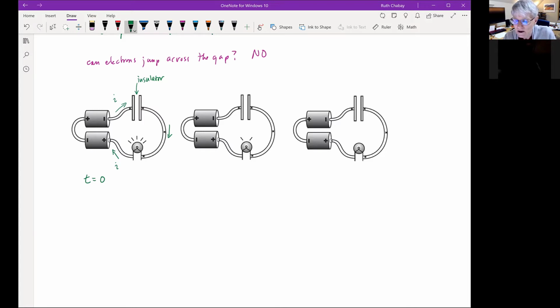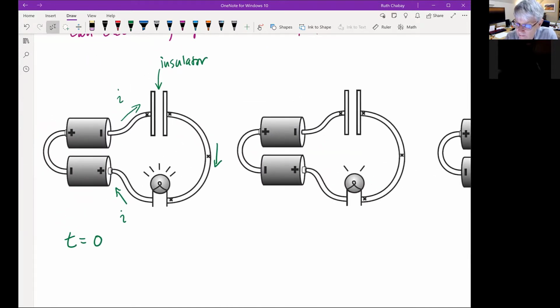Because if all that was happening is electrons were jumping across the gap, we never would have accumulated any charge on the plates of the capacitor, and therefore it wouldn't have done anything to the light bulb by itself. So it appears that electrons were not jumping across the gap. Instead, they must have been piling up on this left plate of the capacitor here.